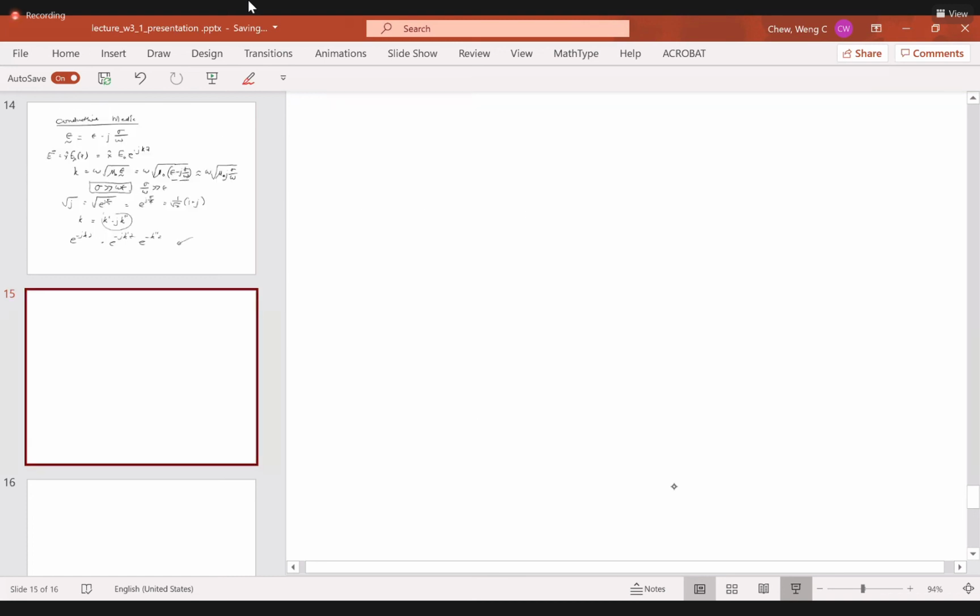And then you can show, I show in the lecture note, that k is the square root of minus j omega mu sigma.